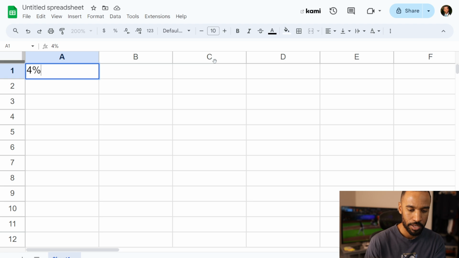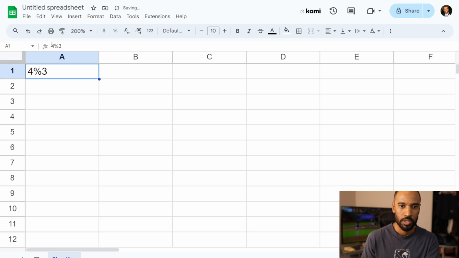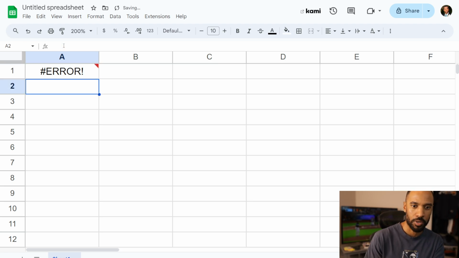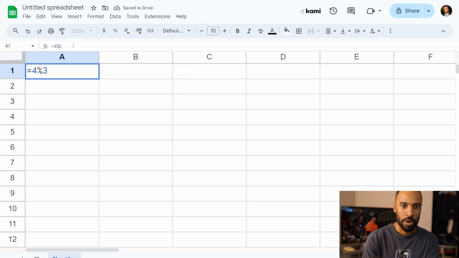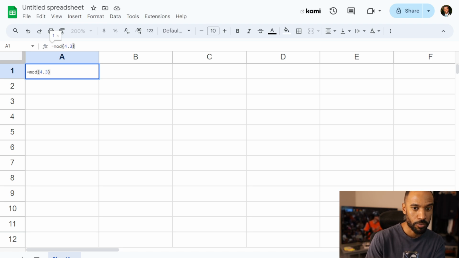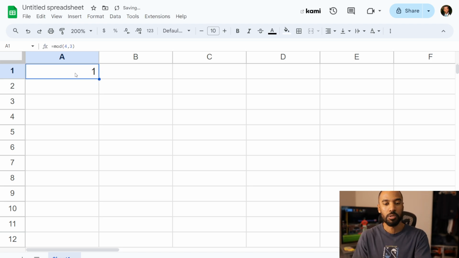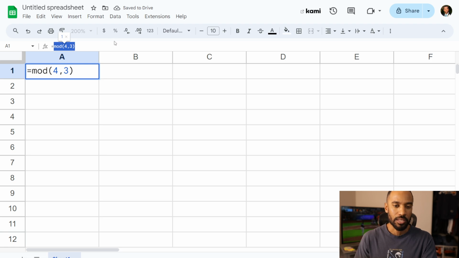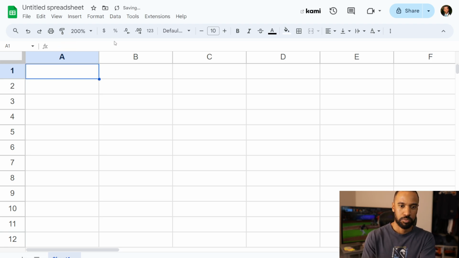Mod 3. Does that work? Equals mod 3. Will that work? No, it doesn't work. Is mod a function? Mod for 3. Okay, that does work. Basically, mod is a remainder. So I can say if, let's start with 34.